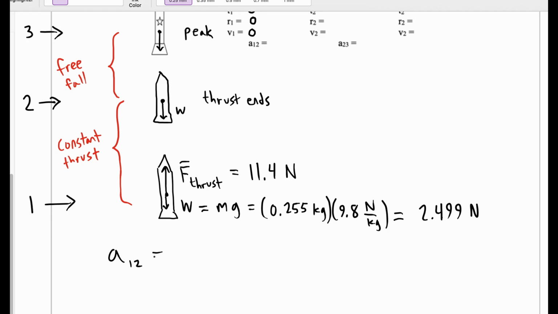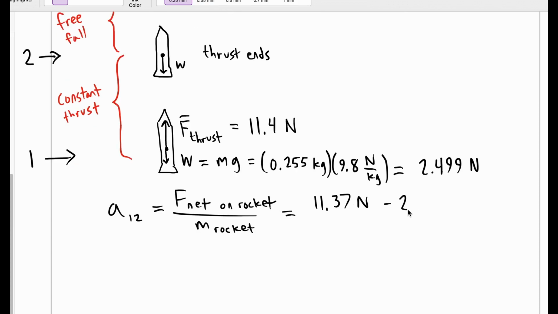So when we're going from 1 to 2, we should do the net force on the rocket divided by the mass of the rocket. That's going to be an upward 11.4 newtons, and then basically 2.50, and we'll divide by the mass, 0.255.